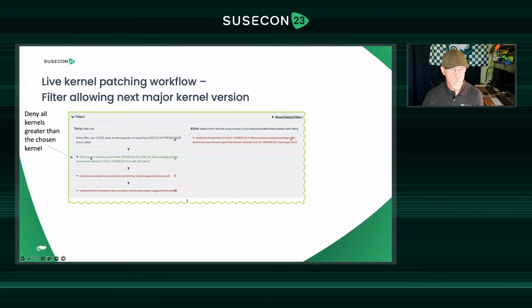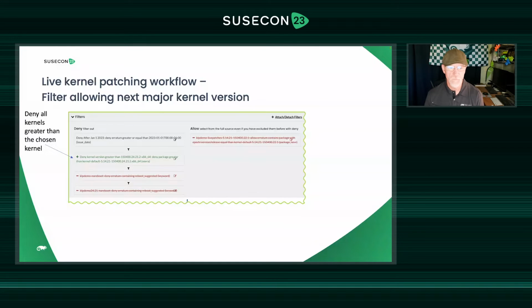We're then going to go ahead and deny anything greater than that 24.21.2 kernel. Because we've seen that there are newer kernels available, but we don't want any of those. We want this specific kernel to be allowed in our environments.